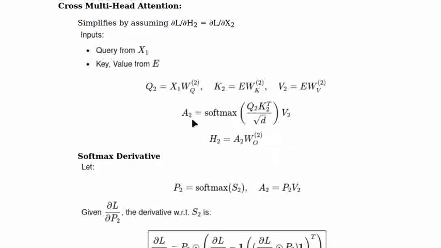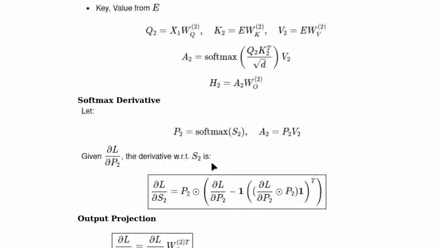So because the equations involve the softmax function, we need to calculate its derivative. Suppose P2 is the output of the softmax of S2. S2 is the argument, okay, this part, and A2 is equal to this P2 times V2.